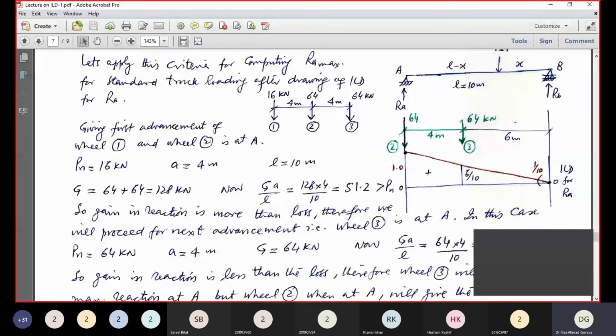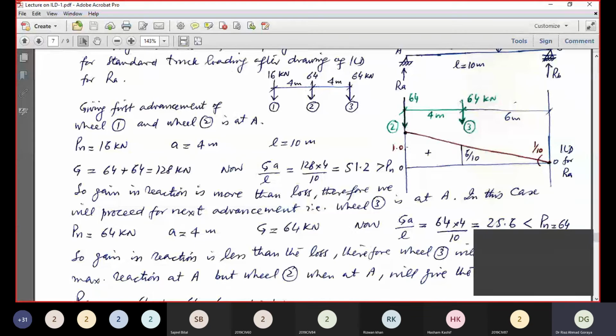And that is wheel 3 is at A. This wheel is at A. In this case, Pn is 64. जो wheel advance हुआ है next step में वो 64 kilonewton है. A is again 4. G is now 64 क्योंकि अब बीम पे सिर्फ 64 kilonewton का लोड मौजूद है.